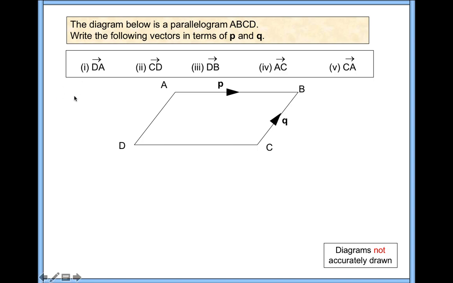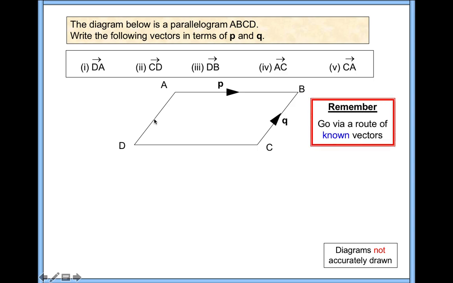That means side DA and side CB are equal. They are in the same direction and of the same size. So if vector CB is described as Q, then vector DA can also be described as Q.